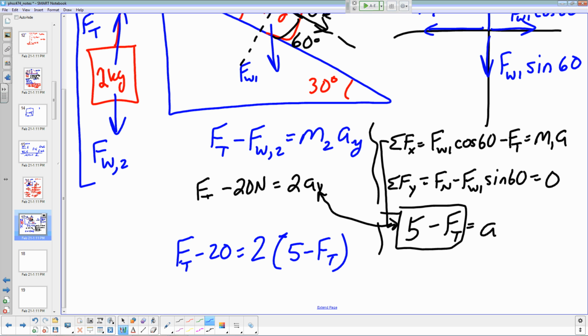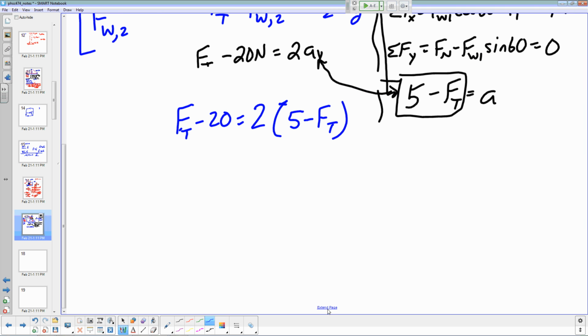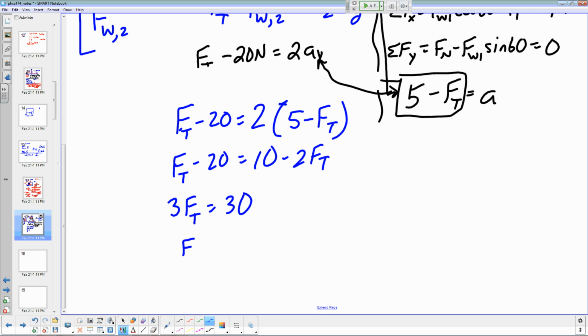And I just solve that for Ft. Is this okay? Okay, so Ft minus 20 equals 10 minus 2Ft. And solving this, I bring my 2Ft over. I get 3Ft equals 20 plus 10, which is 30. So my tension force is equal to 10 newtons.